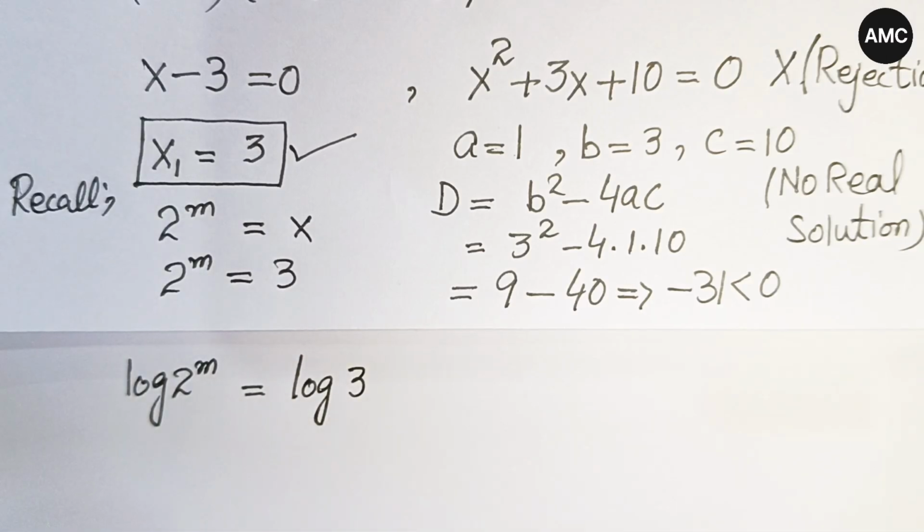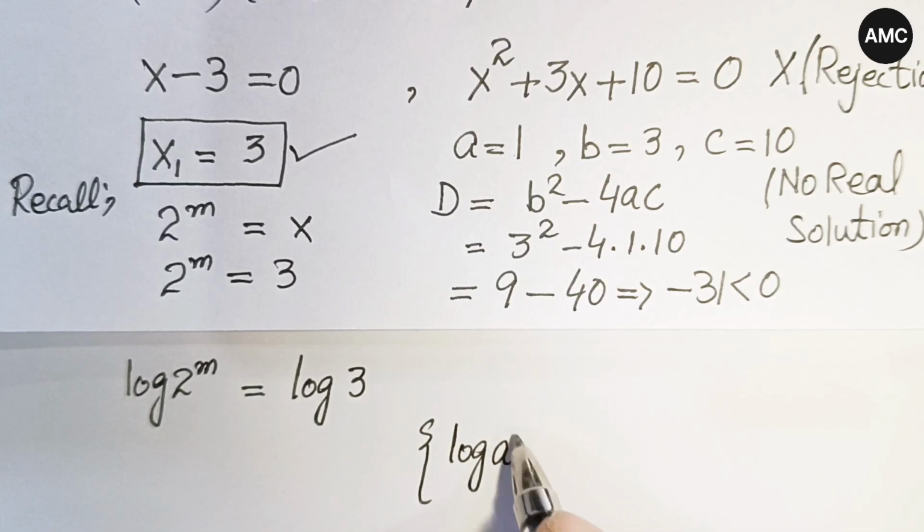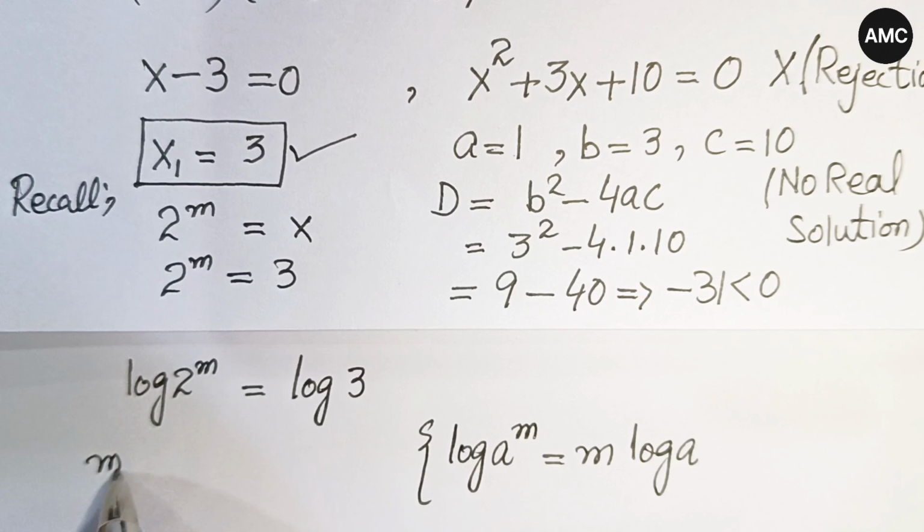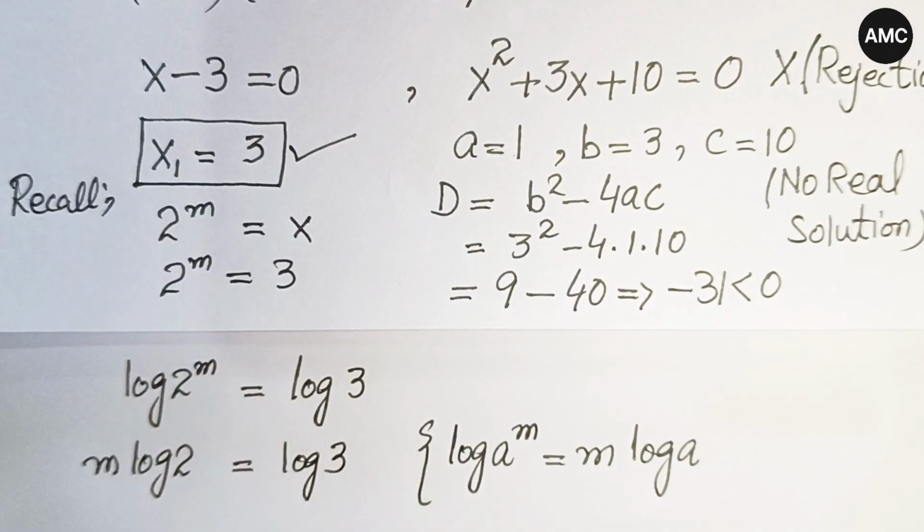Now according to the logarithm law, log a to the power m is equal to m log a. So here, shifting this m, we have m log 2 is equal to log 3.